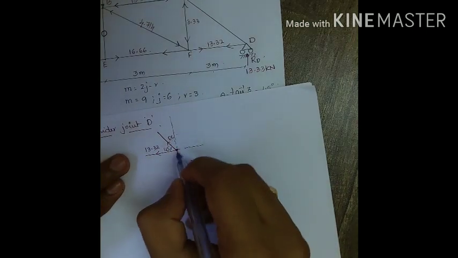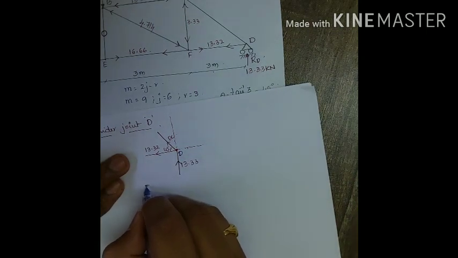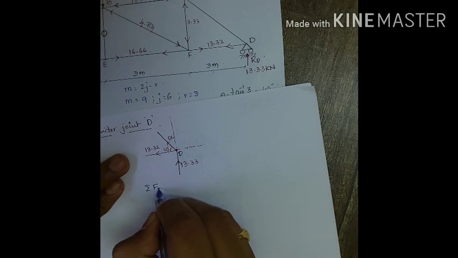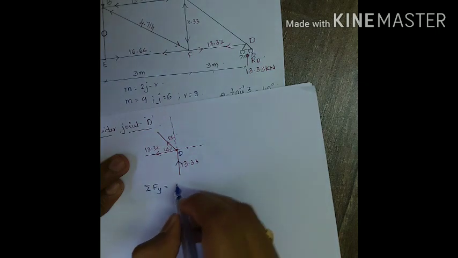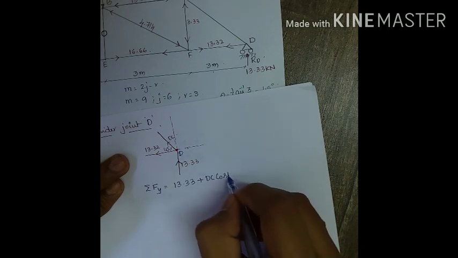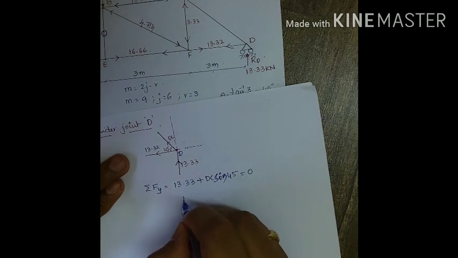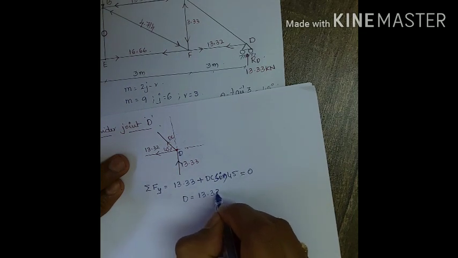Considering the last joint, that is D, summation of Fy I will consider, because I made the vertical, 13.33 plus DC sin 45 is equal to 0. So DC is equal to 13.33 divided by sin 45.